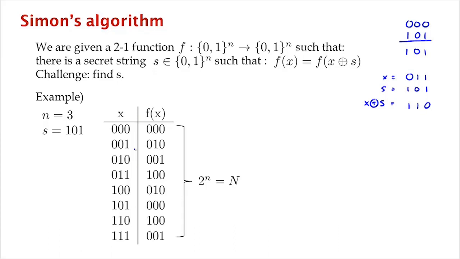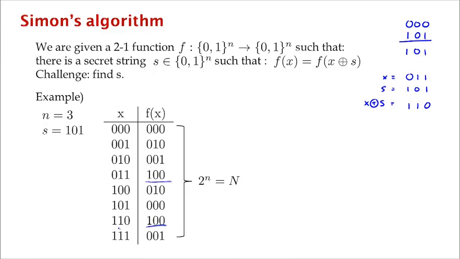So here's our table for f of x. You can see that f of 011 is that, and f of 110 is also the same value. This is the property that we wanted: the function is 2-to-1.